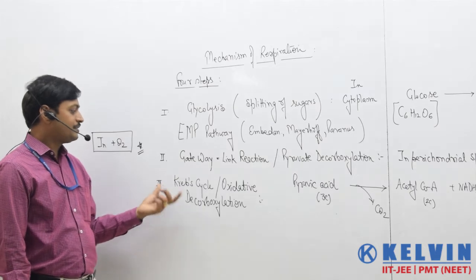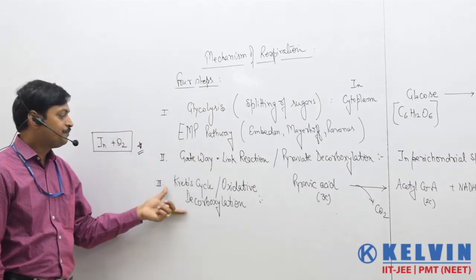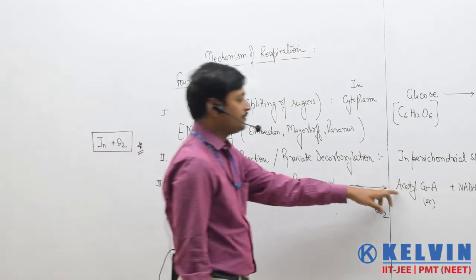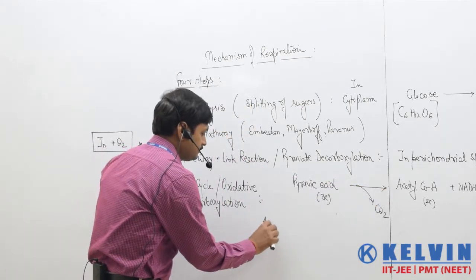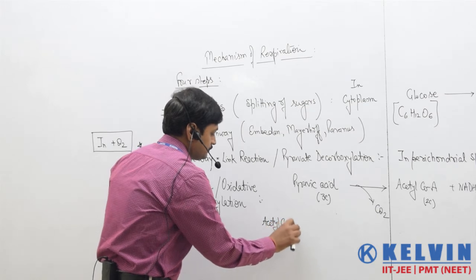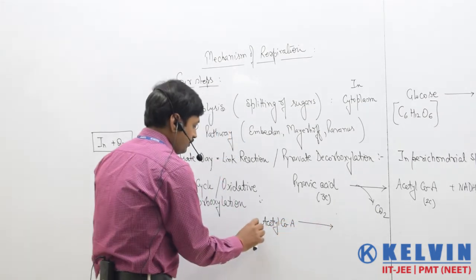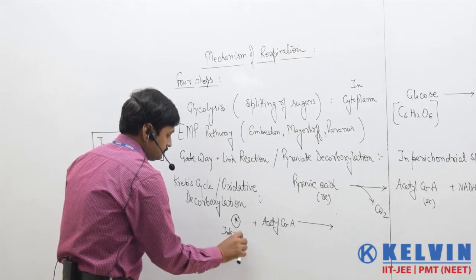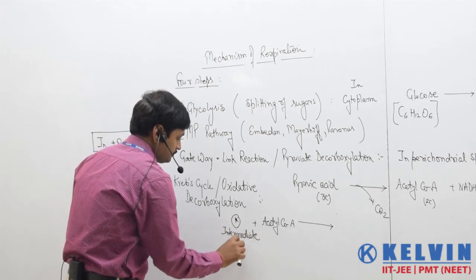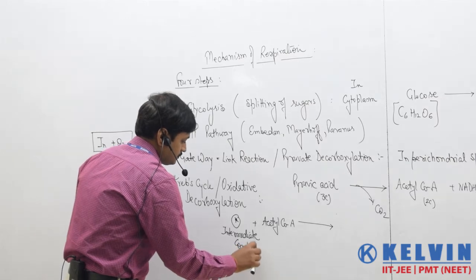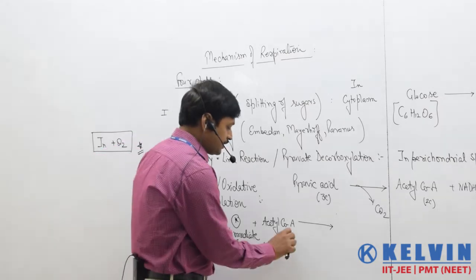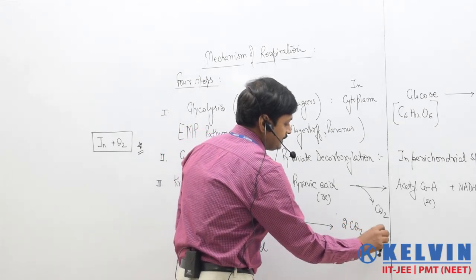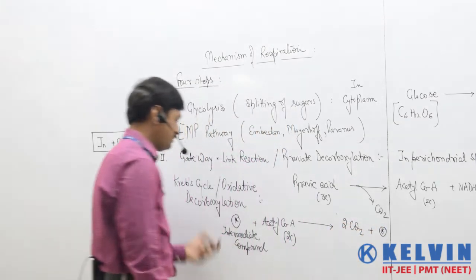But as far as simplifying the mechanism of respiration, the third one is the Krebs cycle or oxidative decarboxylation, where this acetyl coenzyme A, along with an intermediate compound, changes. It is a 2-carbon compound, and it changes into 2 molecules of carbon dioxide, and the intermediate compound is regenerated as such.